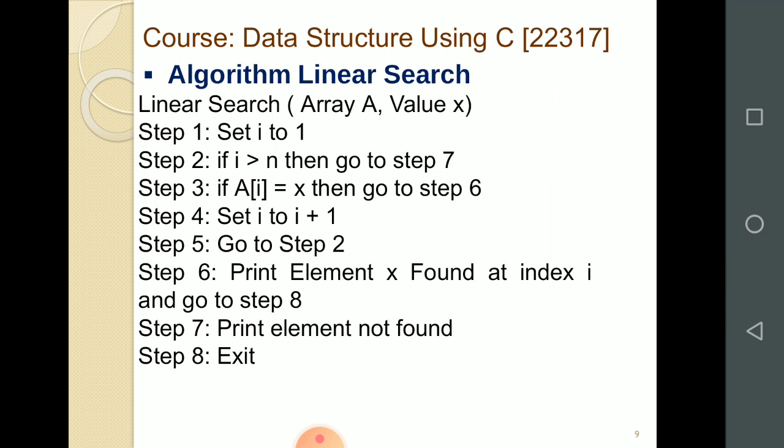If it is, then you print a statement that the element is found at this position and write exit, that means you can break from the for loop. If it is not, in the else part you can write I equal to I plus 1, just increasing the value of I for the next comparison. It is a very simple algorithm. Maybe you have done it in the last semester. Just check it out and do the implementation.